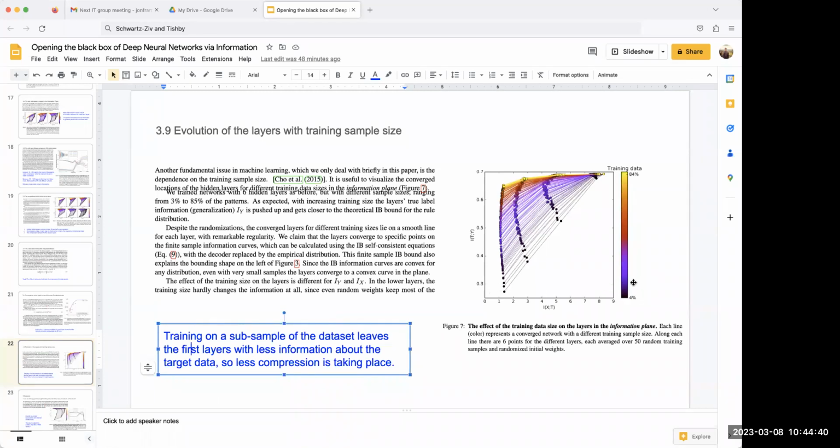If you only have a small subset of the training data, that does not give the network enough data to find the sufficiently compressed representation of it, so it remains with low mutual information between the network itself and the label data.